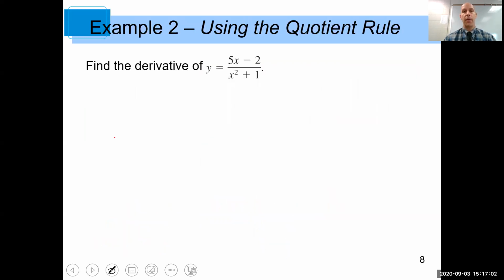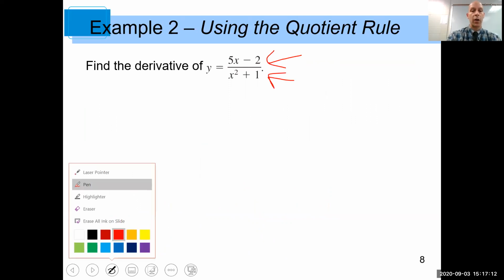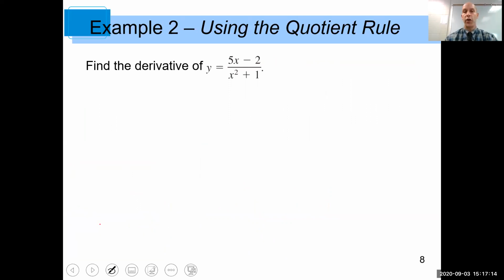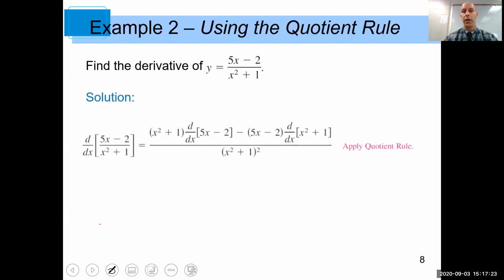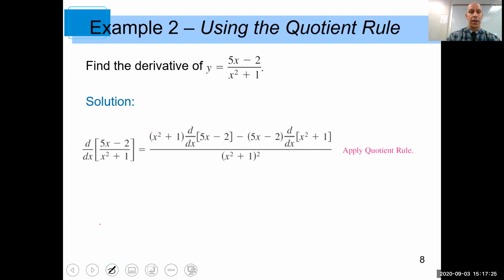So let's look at an example of the quotient rule. Again, I'm just using very simple functions here, like 5x minus 2, this is our high function, and then x squared plus 1, that would be our low function. So if we're going to do the derivative of that, we're going to do low d high minus high d low over low low. Again, it's written right here. I'm going to use the formal definition. So this top function is the f function.